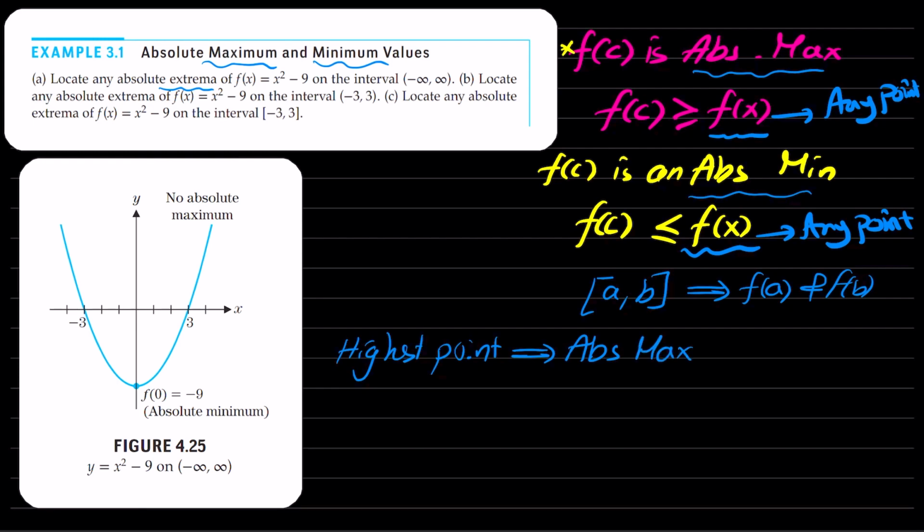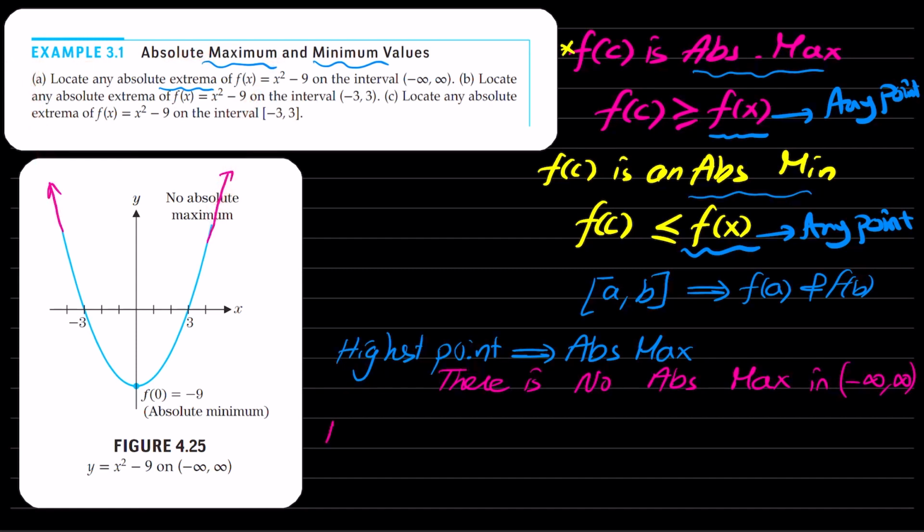Since the graph continues increasing upward on both sides, there is no absolute maximum for this function in this interval. There is no limit for that.